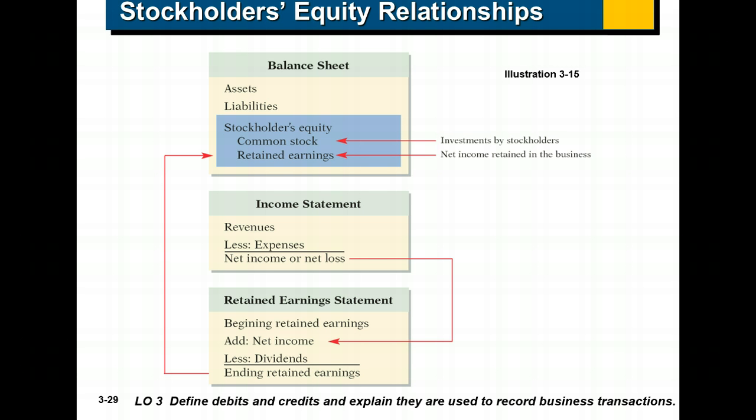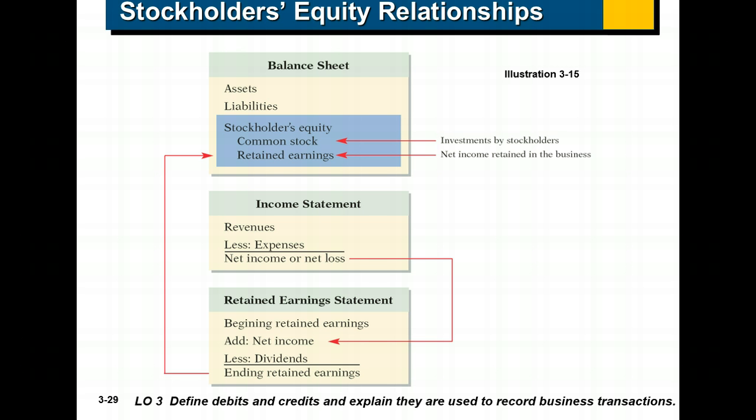And then, if we pay out dividends, we're going to be decreasing retained earnings, so we've got an ending balance. So retained earnings starts with a balance. We add to it our net income. We subtract from it dividends, and we have an ending balance. What if instead of having net income, we have a net loss?